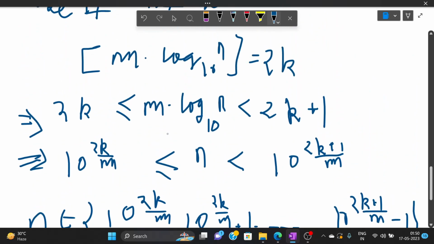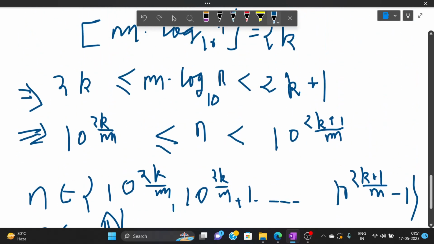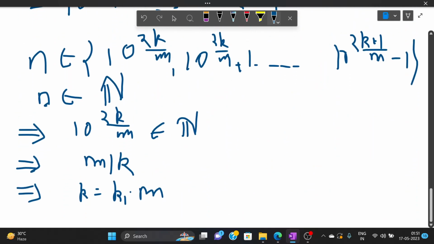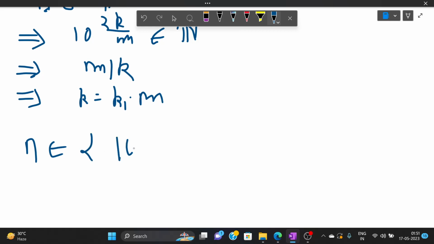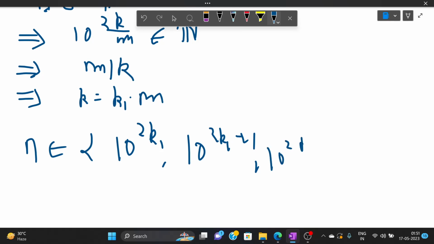So if we now put it in the original set, then n belongs to 10 to the power of 2k1, 10 to the power of 2k1 plus 1, 10 to the power of 2k1 plus 2, and so on till 10 to the power of 2k1.